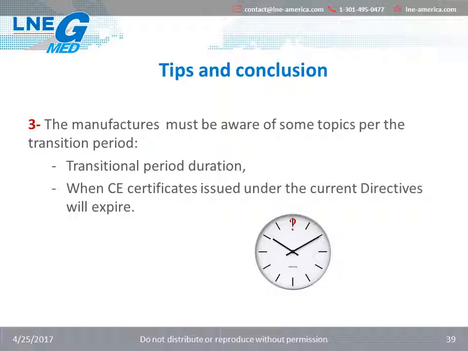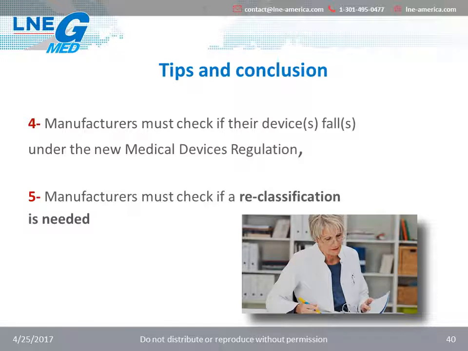Number 3, the manufacturers must be aware of some topics per the transition period. What are these topics? 1. Transitional period duration. When CE certificates issued under the current directives will expire. Number 4, manufacturers must check if their device falls under the new medical devices regulations.